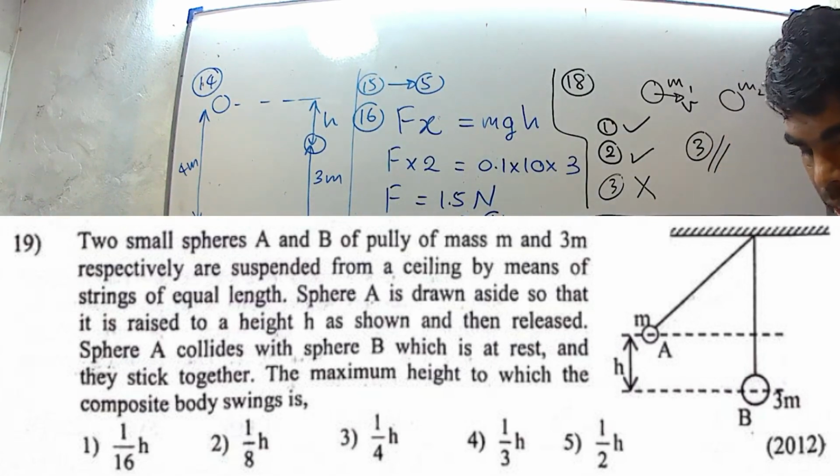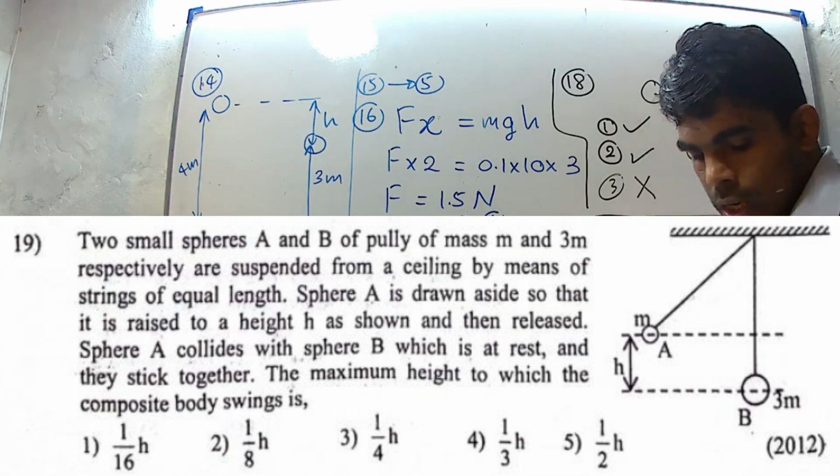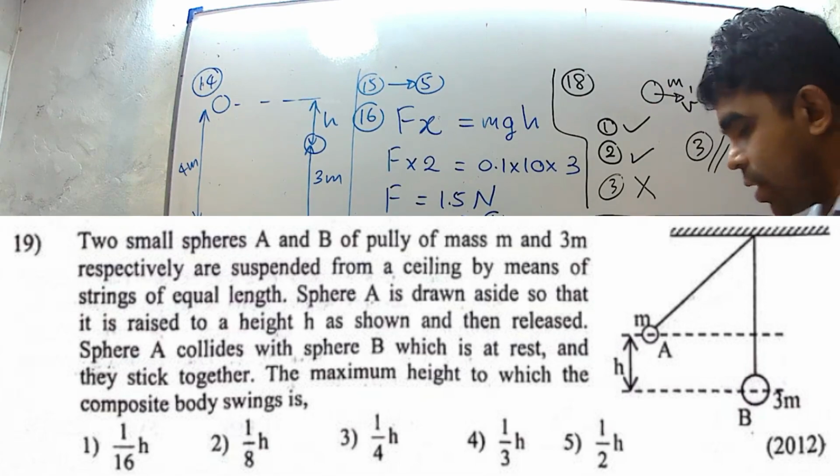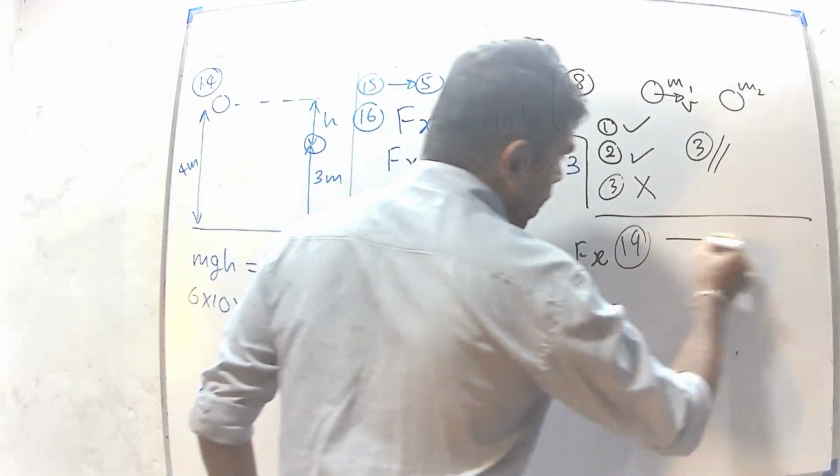Sphere A collides with sphere B, which is at rest, and they stick together. Find the maximum height which the composite body reaches. Now there are two objects.